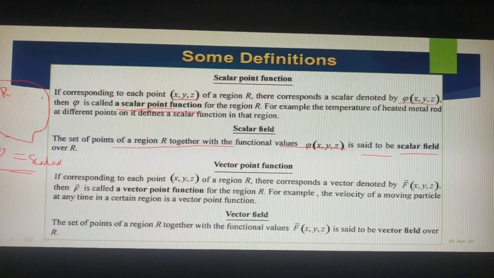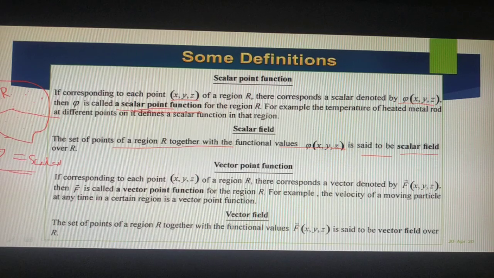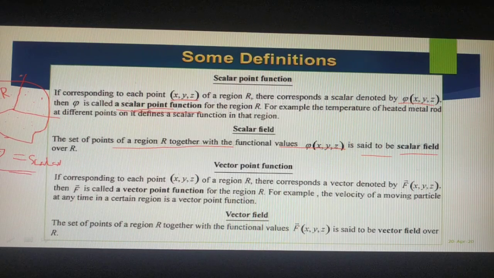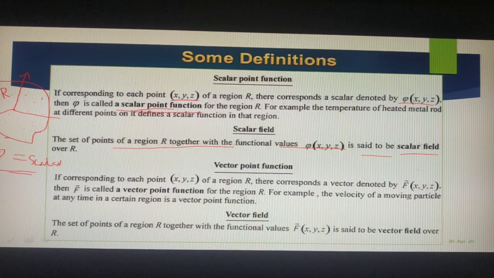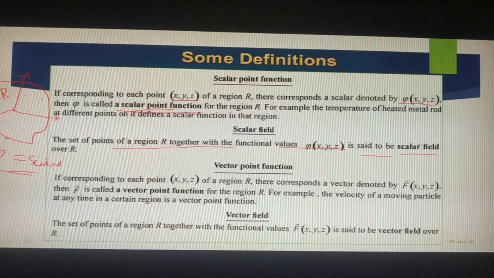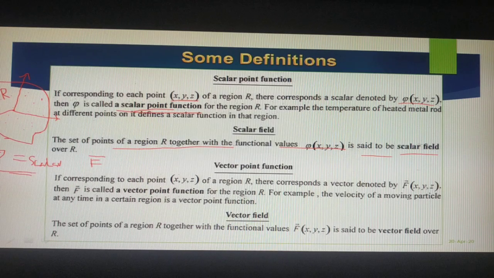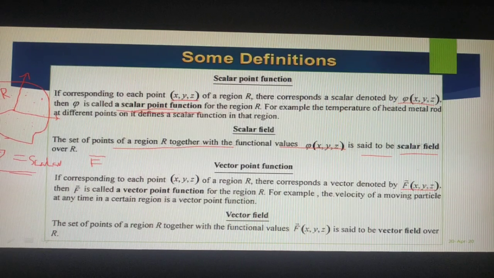So the same region, sometimes I consider as a vector field, which means I have xyz and along with xyz I will take some unit vectors i, j, k. Let me define some function for this region. I'm defining that the function name is f bar of xyz.